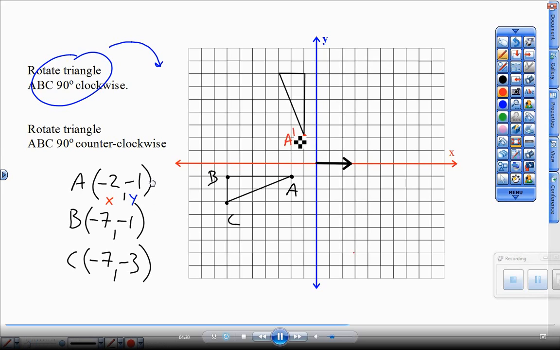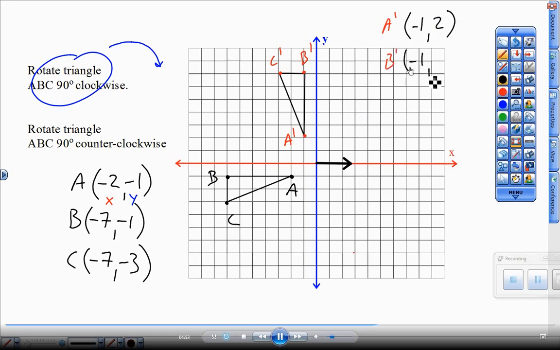It will be the flip and the right one made opposite. So a quarter turn to the right, I take each coordinate and flip it around, but I make the right one opposite. So -2, -1, I flip it, and I make that right side opposite of -1, which is +1.